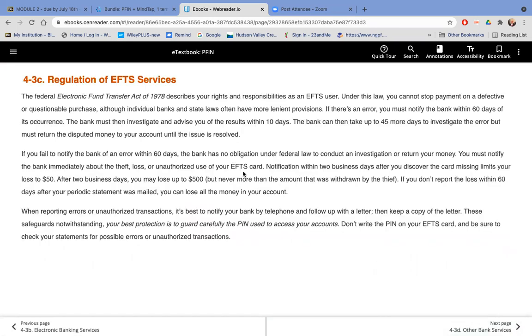And one thing that I would have to say is important to know is the Electronic Fund Transfer Act of 1978, because this is where it gets interesting. If you're using, say, a debit card, for example, you must notify the bank within 2 days, literally, if there's something going on with unauthorized use of your debit card.